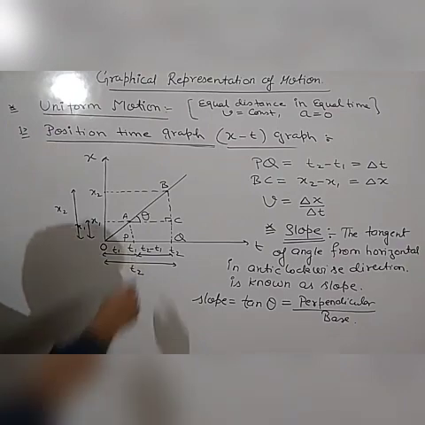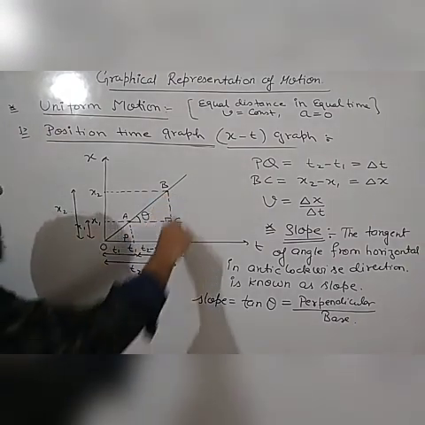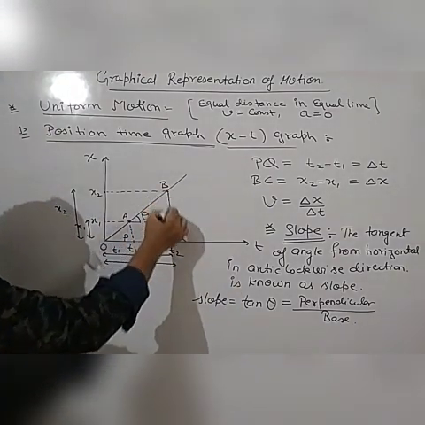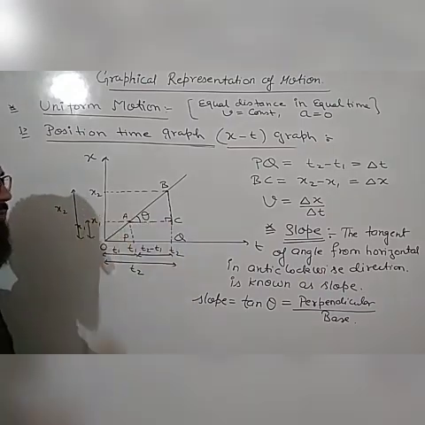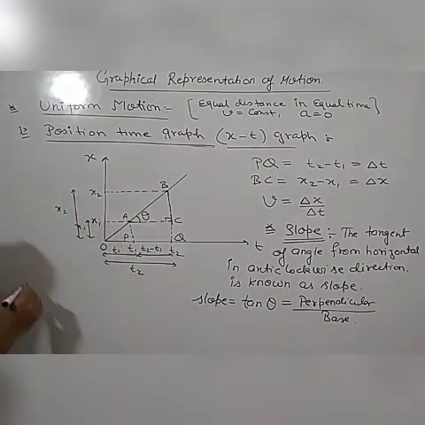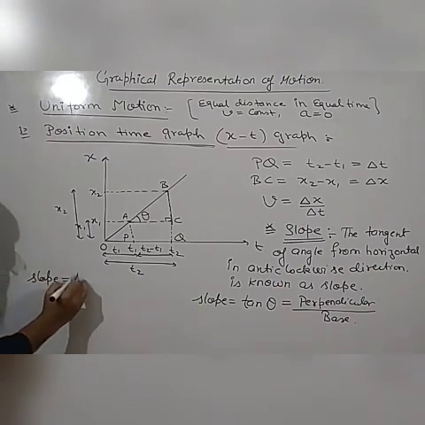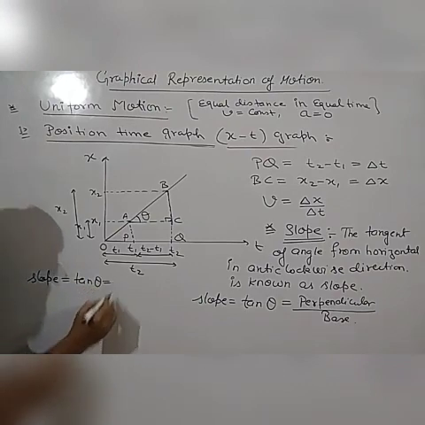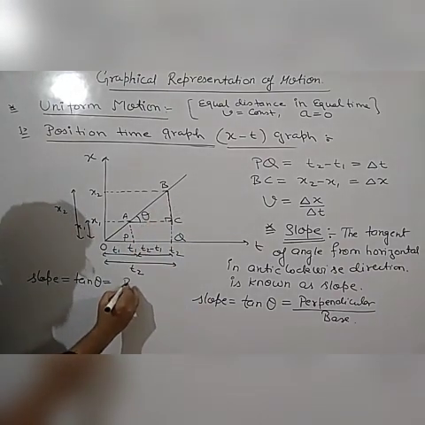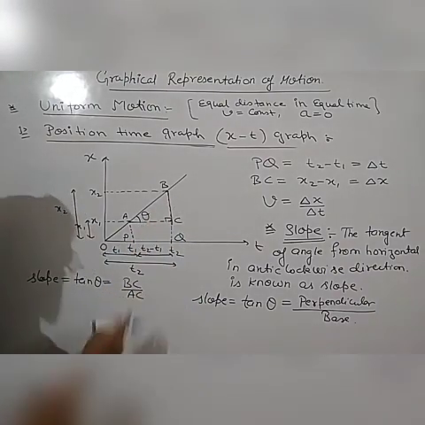Now in this triangle ABC, what is the perpendicular? BC is the perpendicular and AC is the base. So if you write the value of slope here, slope is equal to tan theta, which will be equal to BC upon AC.